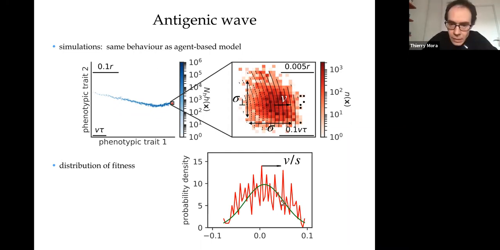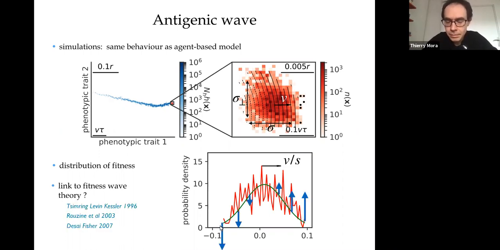And the idea of the fitness wave theory is that the guys here that are at the nose of the fitness distribution, so here in x, sorry, you don't see it here, but x here is the fitness, these guys grow faster than the guys at the tail. And because they grow faster, that will actually move the wave forward, right?